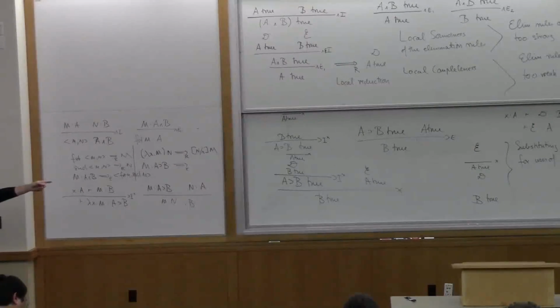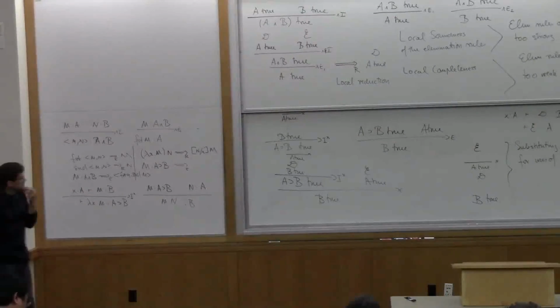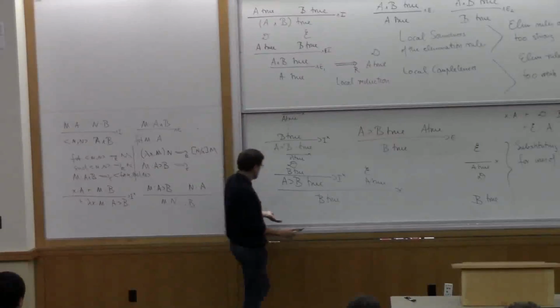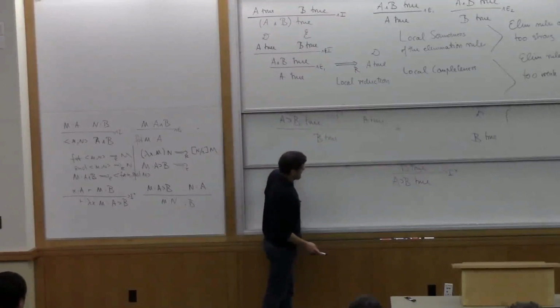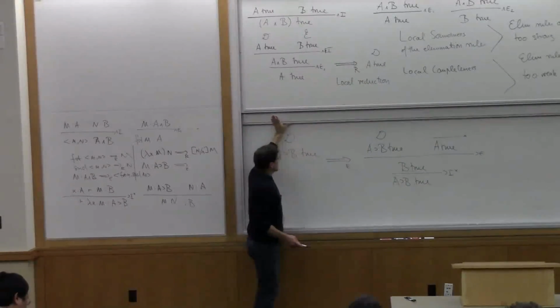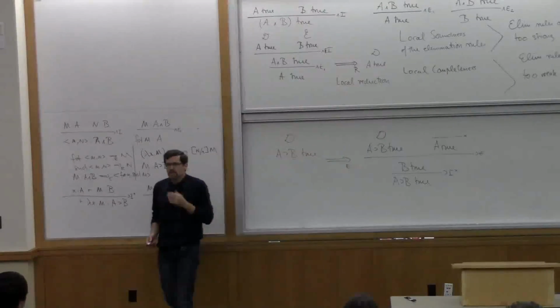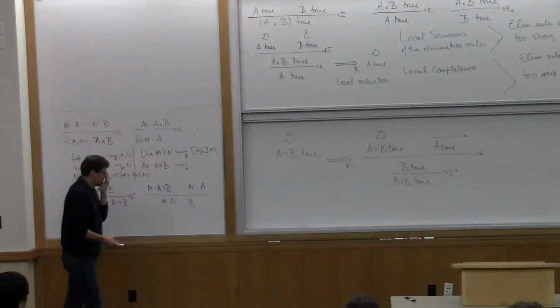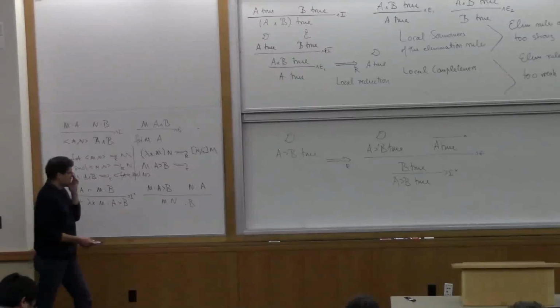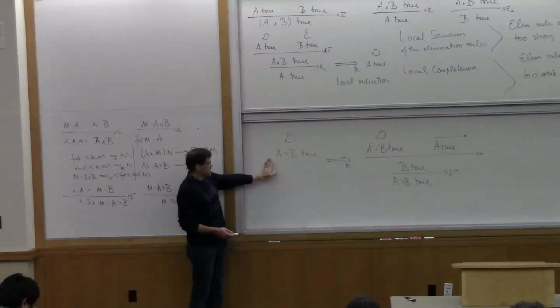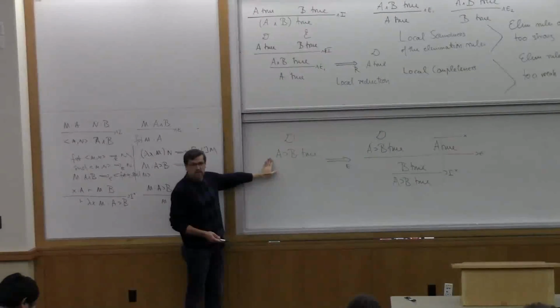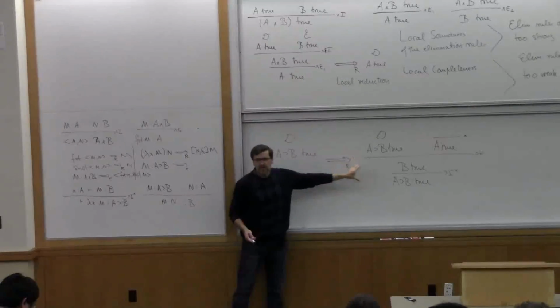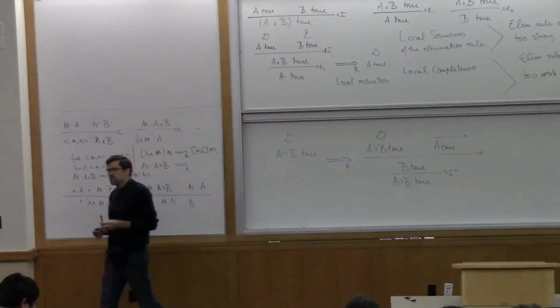Now we have to see where the expansion is. Here it is. So this corresponds to the M. Can anybody read off what the proof term for the thing on the right would be?